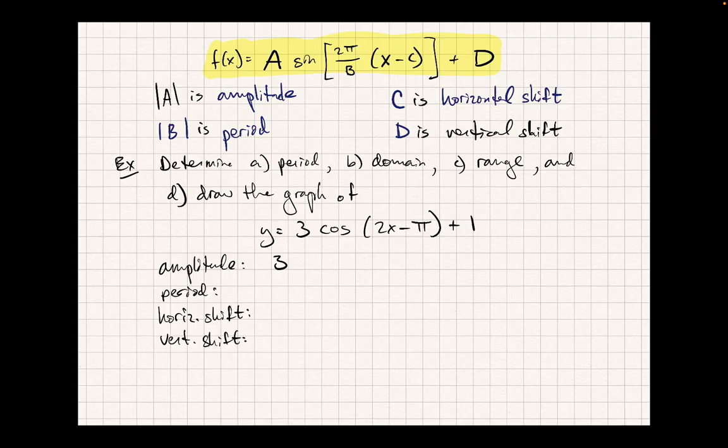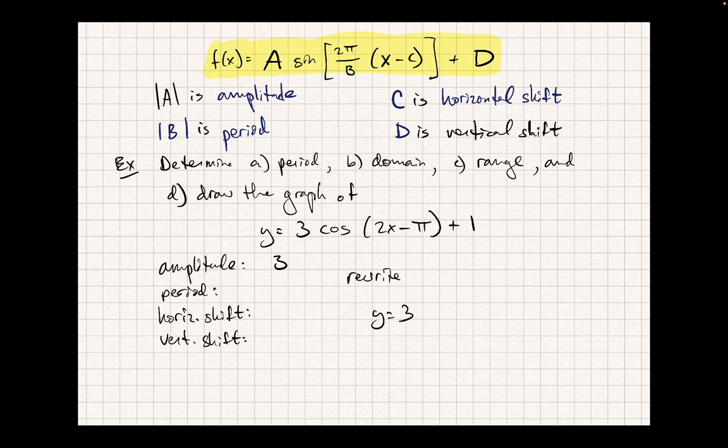Meaning it's what? How did we get that? It's 2 pi over 2. You cancel the 2's. So I have to rewrite this. How do I rewrite it to get it into this form? I need it in my magical formula form.